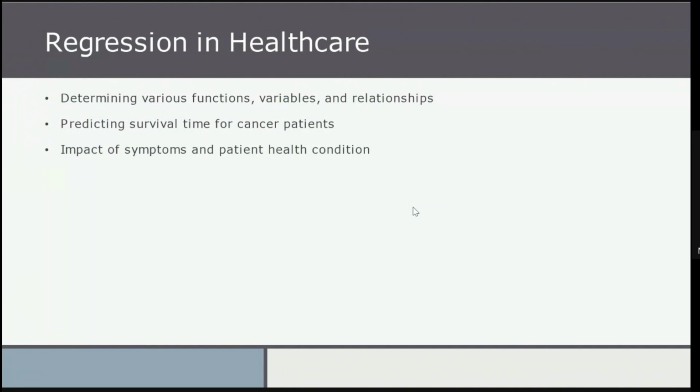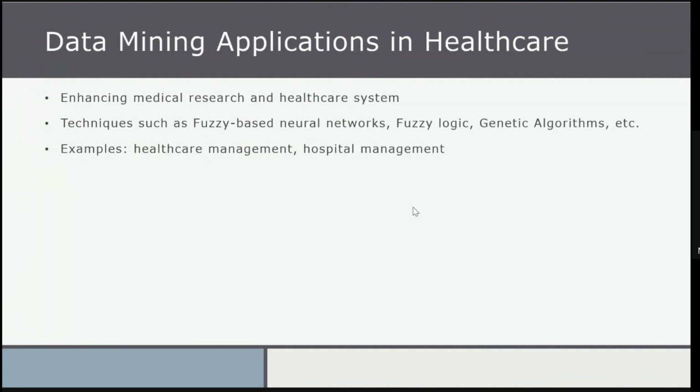If these are the visible symptoms, are these symptoms going to impact the overall health of the patient? Most of the doctors are dependent on the symptoms. Symptoms will help them find out the cause of the disease, and then also allow them to diagnose it properly, and then you can have the treatment. That is one of the methods called regression in healthcare.